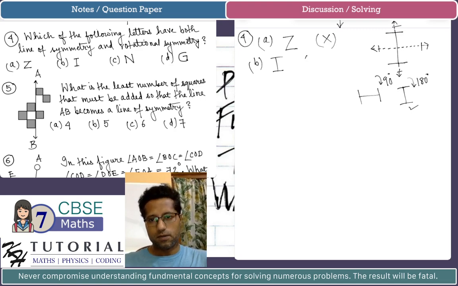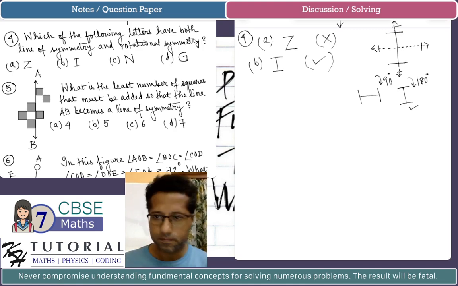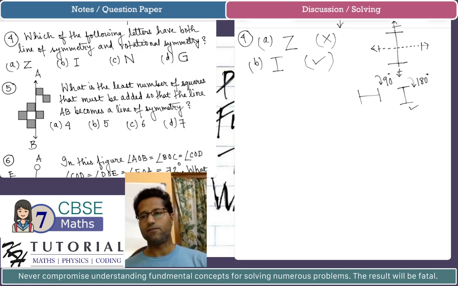So this is the choice, as the letter I has two lines of symmetry, and its order of rotational symmetry is 2, one at 180 degrees and another at 360 degrees.